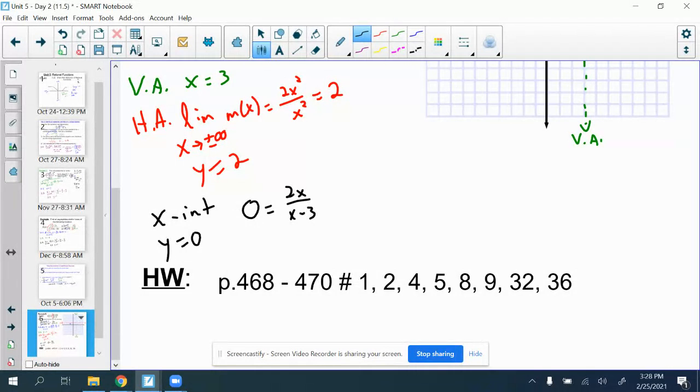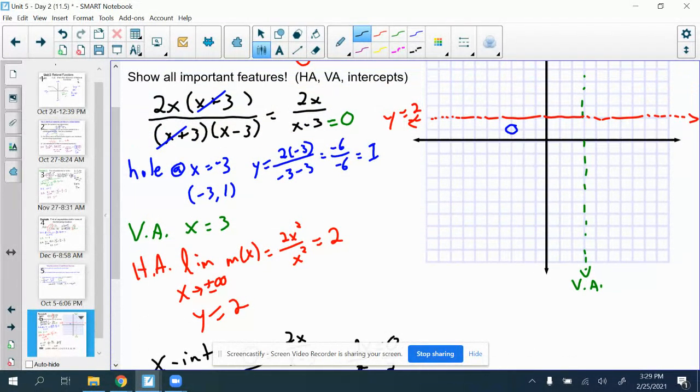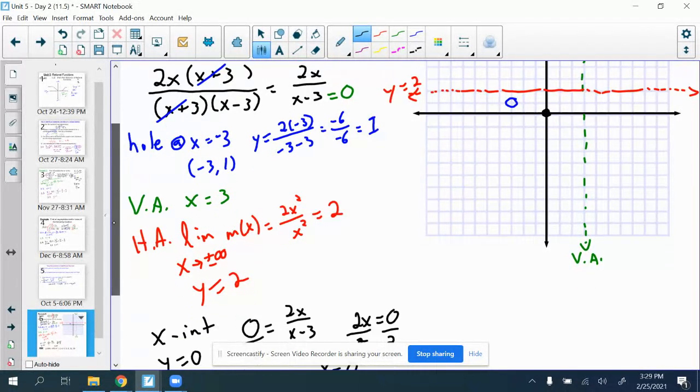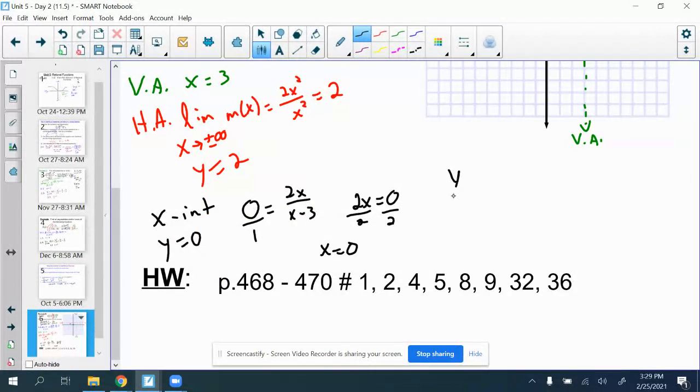For a fraction to equal 0, the numerator has to equal 0. If you put the 0 over 1, and when I cross multiply, 2x times 1 is 2x. 0 times anything is 0. When I divide by 2, I get x equals 0. So there's my x-intercept. Okay, and this is going to be a special one. You'll see in a second.